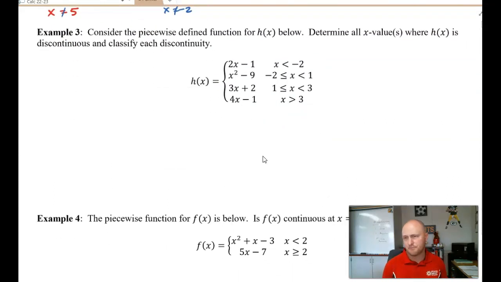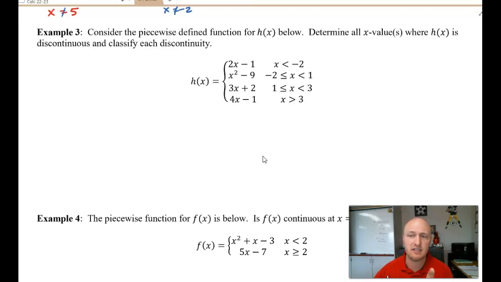Example number 3. Whew. Consider the piecewise function defined below for h of x. Determine all the x values where h of x is discontinuous and classify each discontinuity. I have a piecewise function.